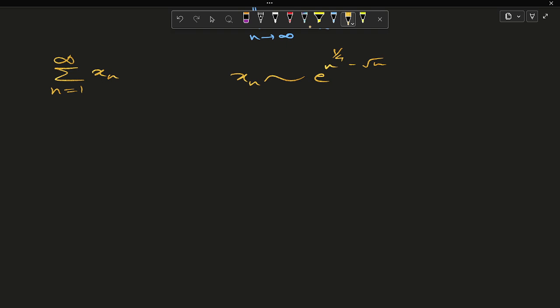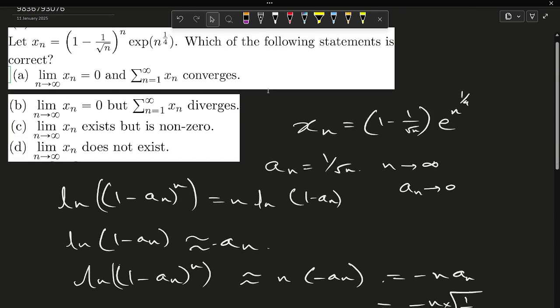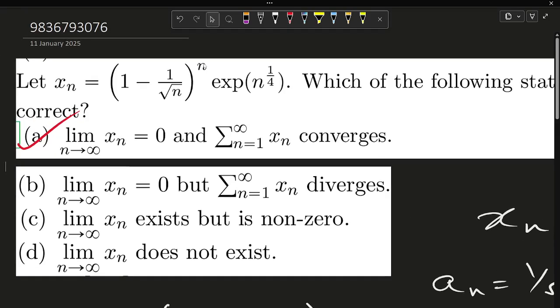The rate of decay depends on the dominant term e to the power n to the power 1 by 4 minus root n. This exponential decay is sufficient to ensure that the series of xn converges. So the correct option is A, where the limit is 0 and the series is convergent.